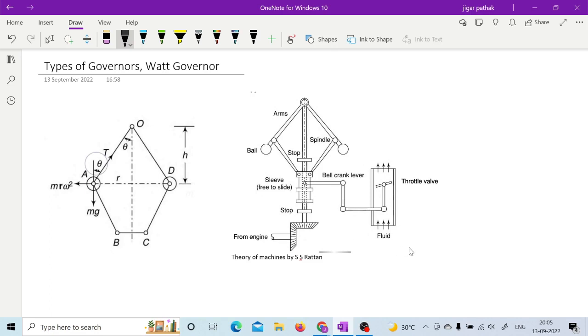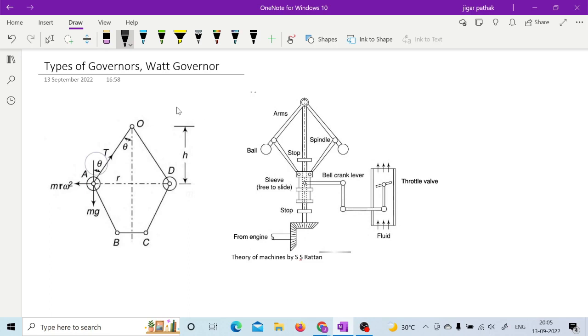So governor's function is an intermittent function, while that flywheel has to perform continuously, because during each cycle it has to store the energy and release the energy, while for governor it is not so. Governor will only come into picture when there is a change in load, right, which is acting on your engine. There will be a particular equilibrium speed, right, at which engine is designed to run, right?